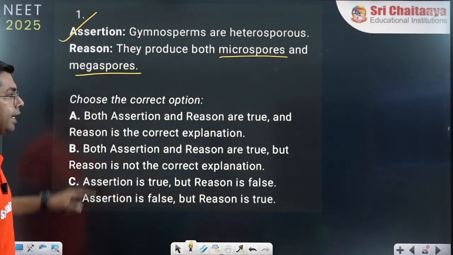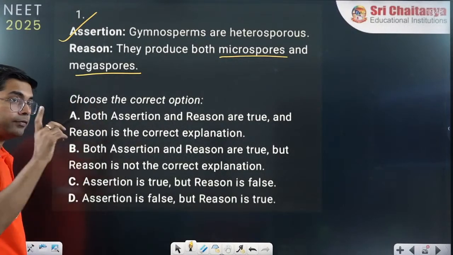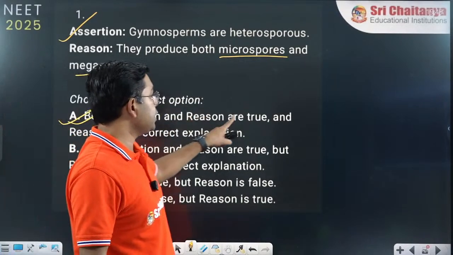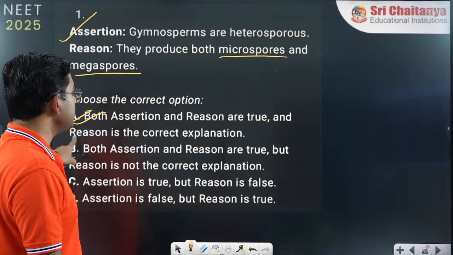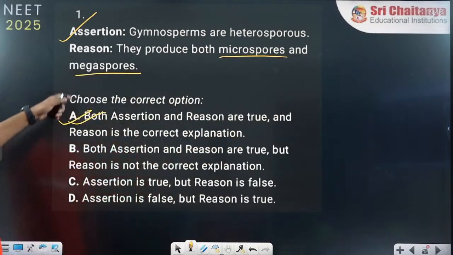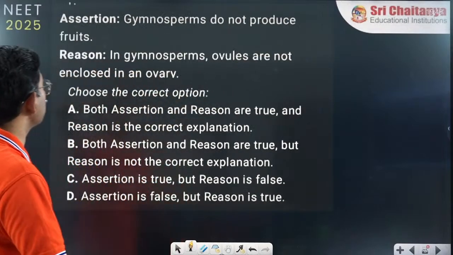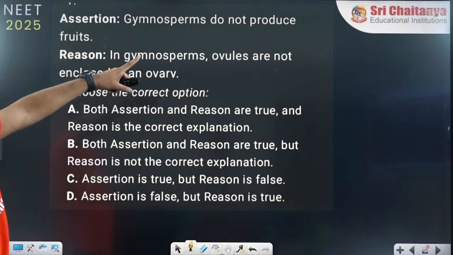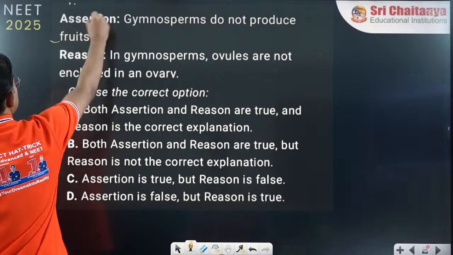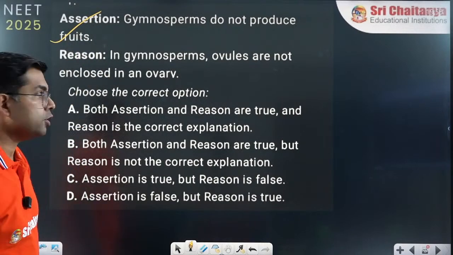So what will be the correct answer? Yes, very good. All of you are in fact answering A. Both assertion and reason are true and reason is the correct explanation of assertion. Gymnosperms are heterosporous because they have 2 types of spores. Then, gymnosperms do not produce fruit. Assertion is true. But why don't they produce fruit?